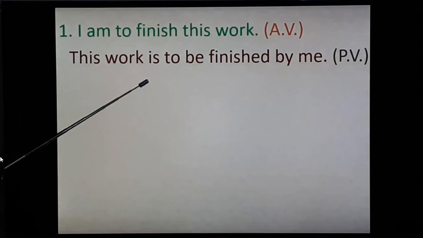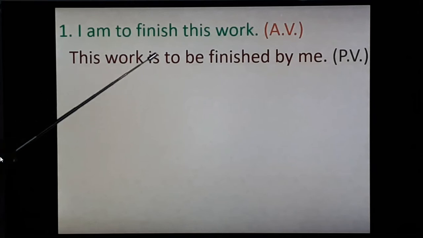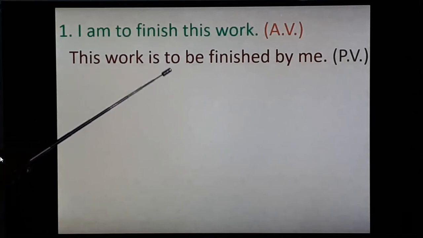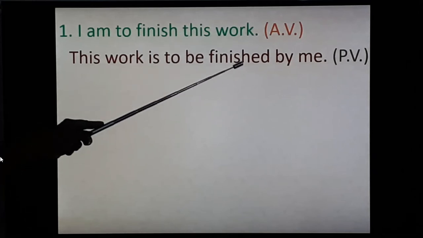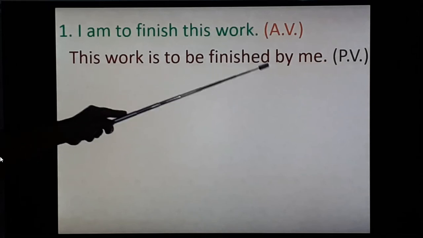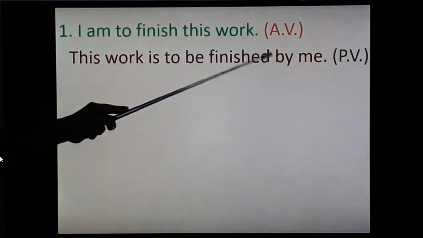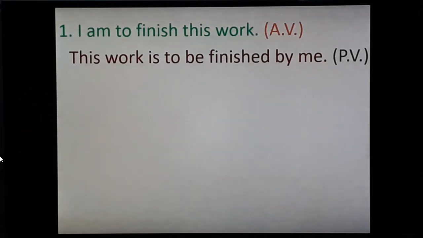That is, this work is to, that you have to write. Then you have to add here be, because we are framing passive voice. Then V3 form. So finish, here finished. Then by, I becomes me. This is passive voice.